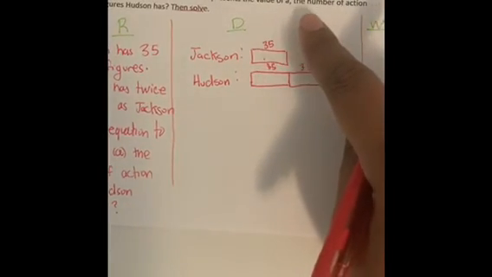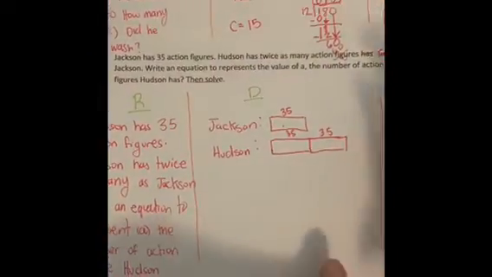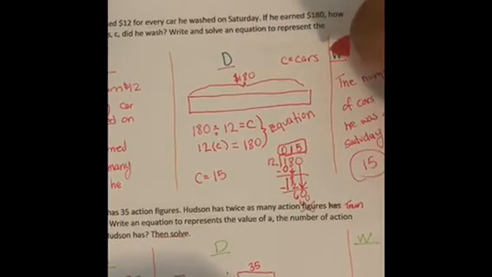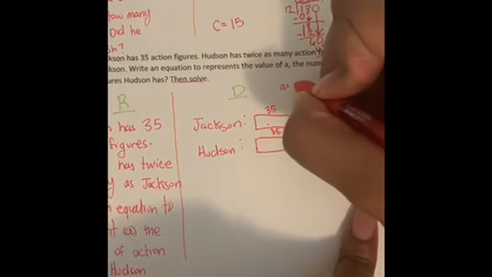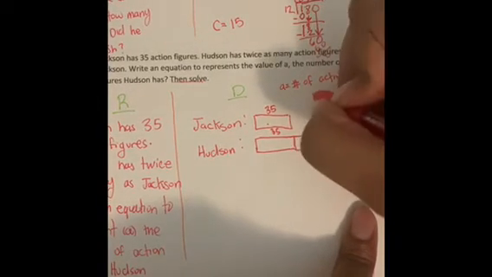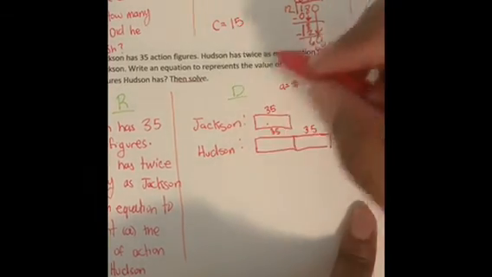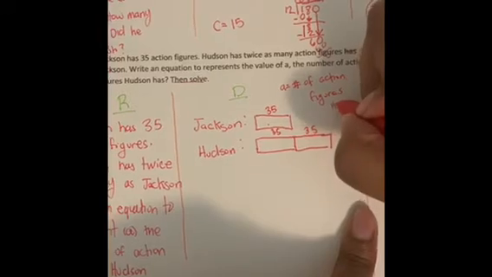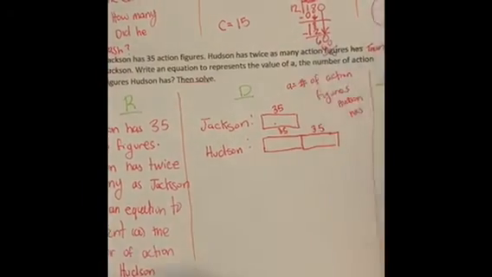A is going to represent the number of action figures Hudson has, okay? So A, well actually C over here was the number of cars washed, just so you know. Anyways, let's go back. A is going to be the number of action figures that Hudson has. Okay, that's what A is going to mean.